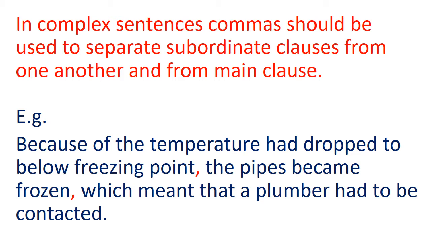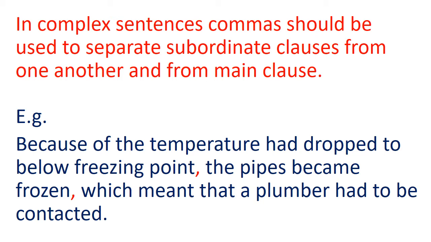After point we used a comma to separate the subordinate clause from the main clause. After frozen we use another comma, to separate the main clause from a subordinate clause. What is the subordinate clause? Which means that a plumber had to be contacted.